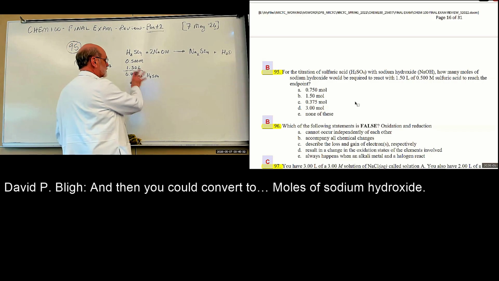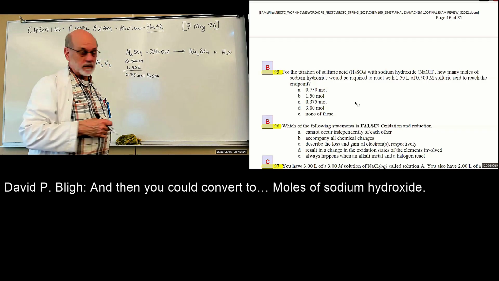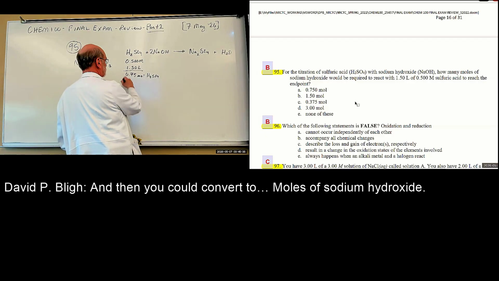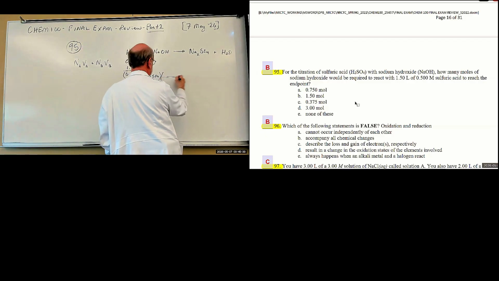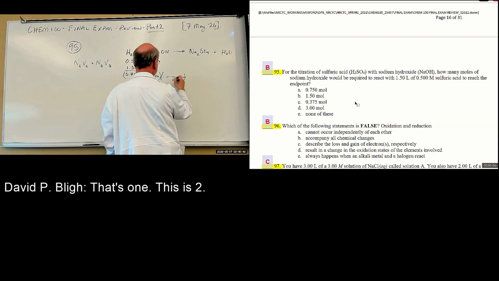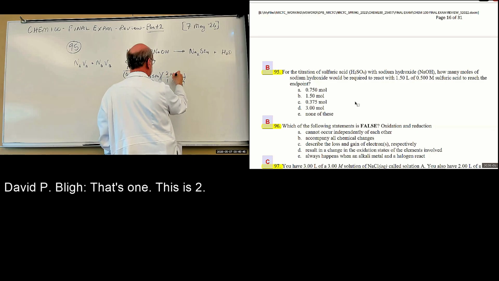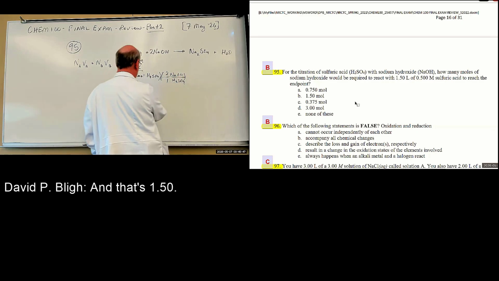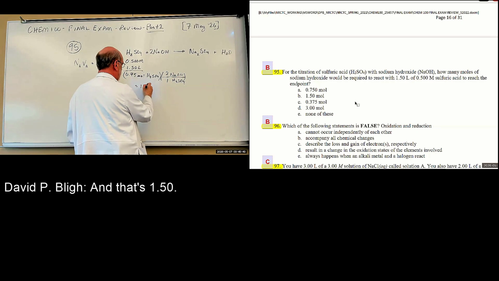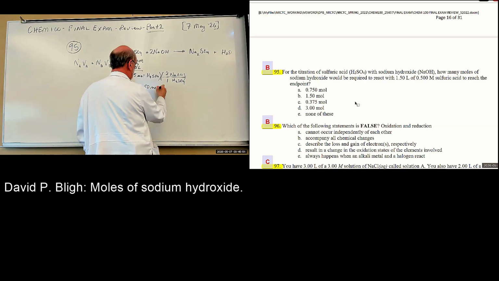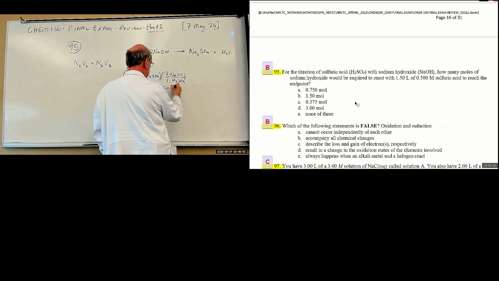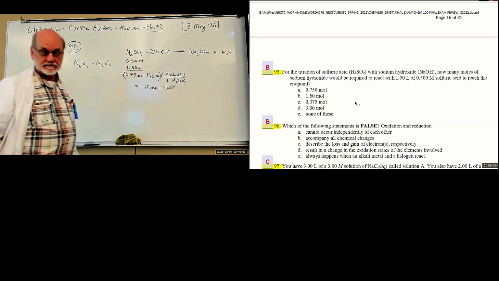And then you could convert to moles of sodium hydroxide. That's 1, this is 2. And that's 1.50 moles of sodium hydroxide that would be needed.